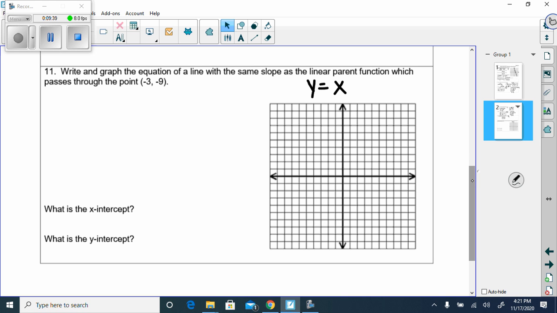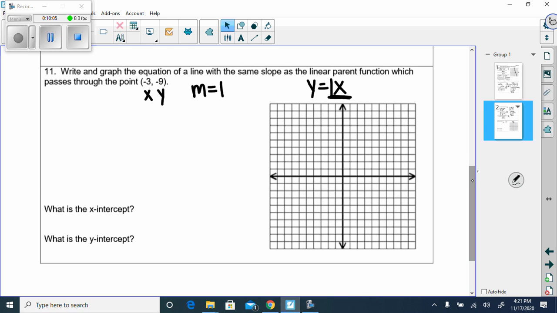And it also has not been shifted up or down, so there is no plus b on the end. So we are writing the equation of a line that has the same slope as what we have here. Slope is the number in front, so it must be 1. So I have that m is 1, and it goes through the coordinate point negative 3, negative 9.